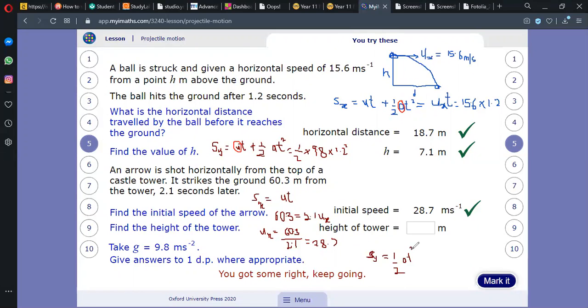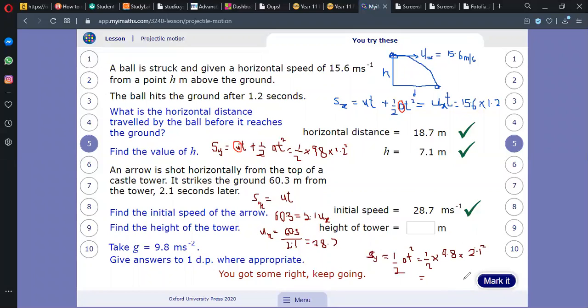Okay, half at squared. So since I'm left with that, solving that, I'm solving half, the acceleration is 9.8, as we already know, times 9.8 right there. And then we multiply this also by the time squared, which is 2.1 squared in this case. So when you solve that, you get your answer.